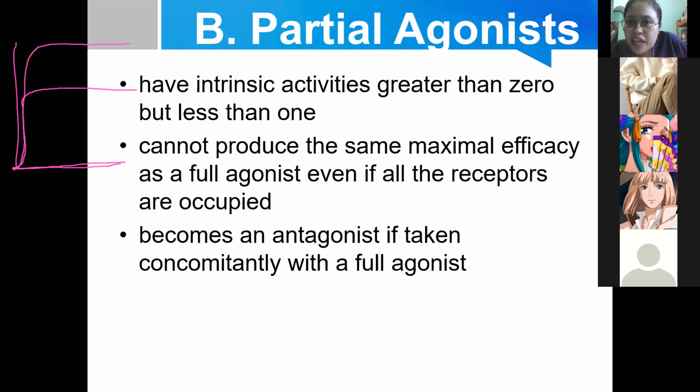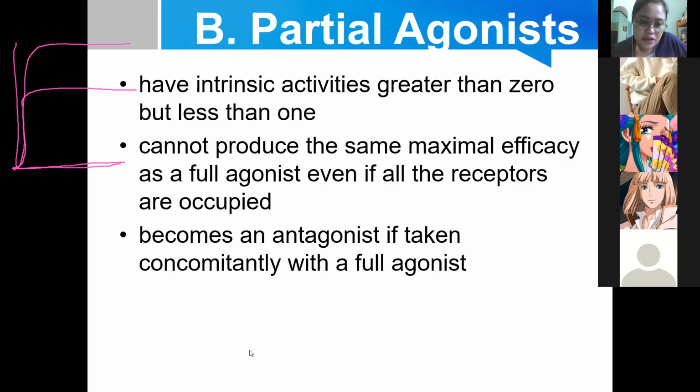And it will become an antagonist. The partial agonist will become an antagonist. Kay makipag-compete na man ni siya dito sa receptor nila. Mag-compete sila, paunahay na lang sila ug bind ni full agonist sa receptor. Therefore, partial agonist will be considered as antagonist.